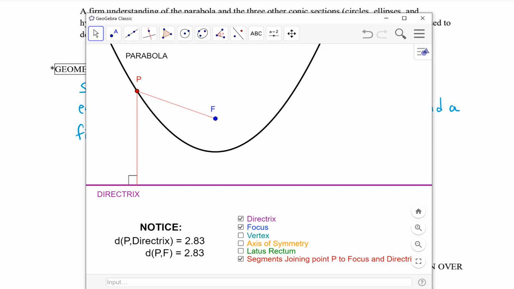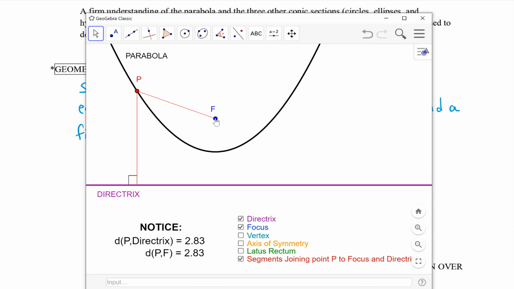Okay, so here I've got a parabola that's graphed in the plane. So this black curve right here is our parabola. Probably recognize it from our algebra courses. Then this blue point F is the focus. And this purple line down here is our directrix.